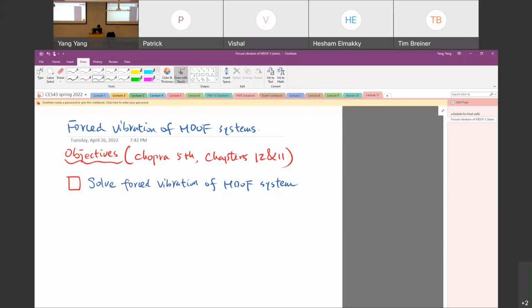The second one is to formulate the damping matrix.